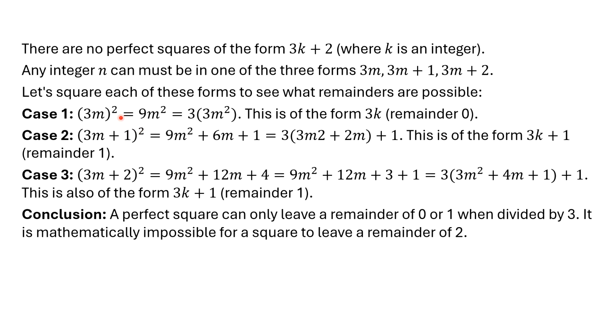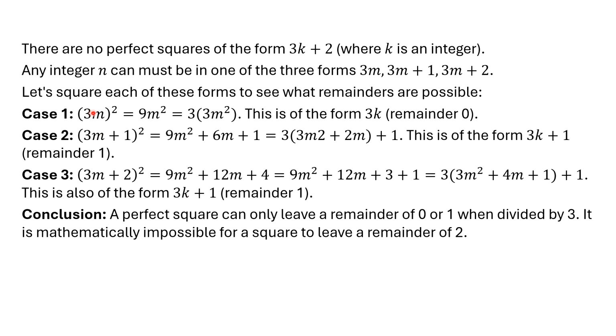And if we take the third form, 3m plus 2 squared, we get 9m squared plus 12m plus 4. We can just break the 4 into 3 and a 1, and then the first three terms have a factor of 3 in them. So you have 3 times an integer plus 1, so that's also of the form 3k plus 1.